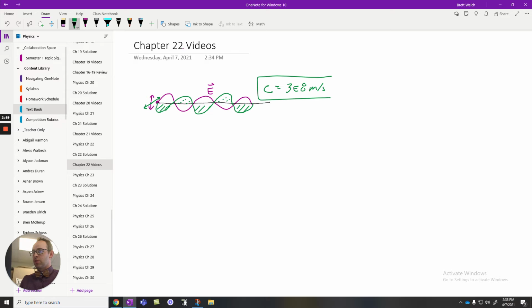This is the universal speed limit that comes out of Einstein's theories of relativity. All electromagnetic waves, whether radio waves or your Wi-Fi signal, travel at this speed in a vacuum. We don't live in a vacuum; we live in an atmosphere with air, so it is slightly slower, but it's negligible compared to the speeds we travel at.